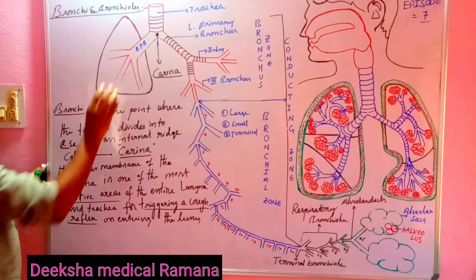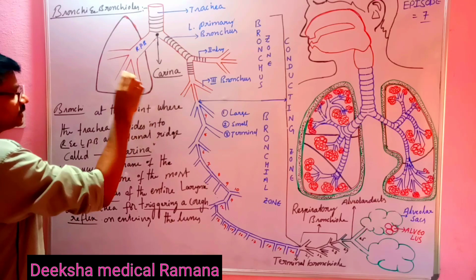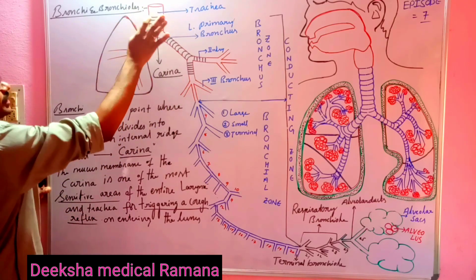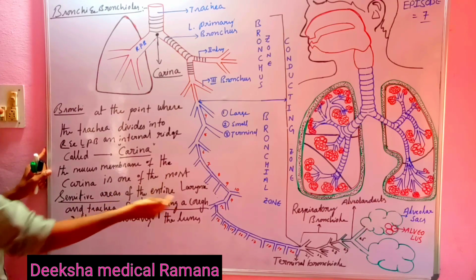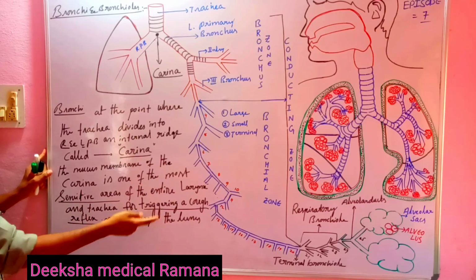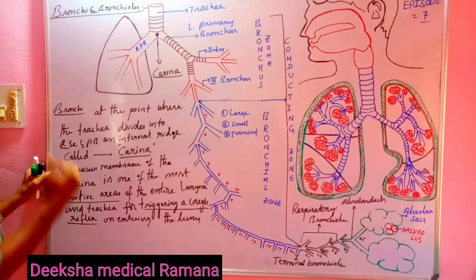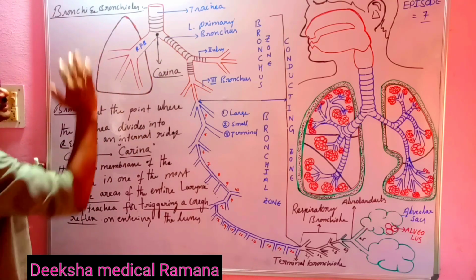That means this part of the respiratory tract is highly sensitive compared with the larynx and trachea, to trigger the cough reflex. If some dust tries to enter the lungs, the carina helps to prevent the entry of dust particles.